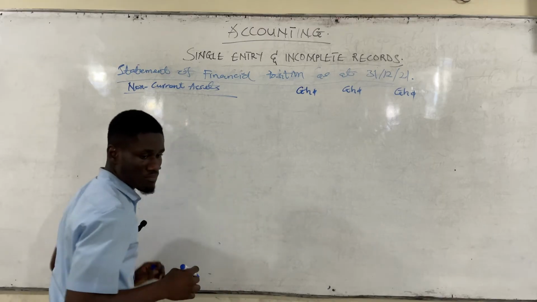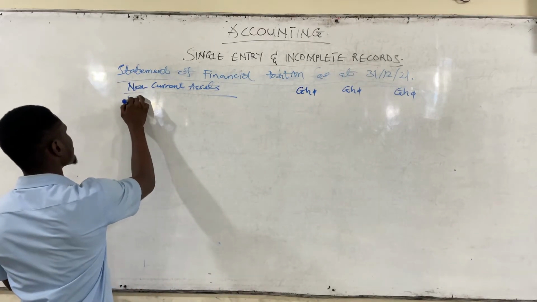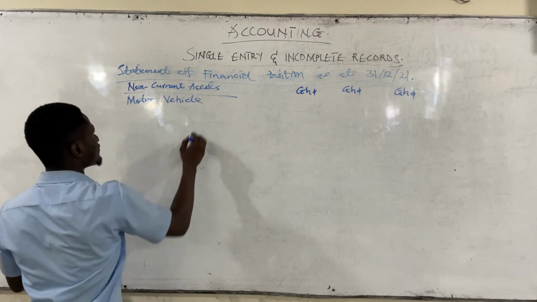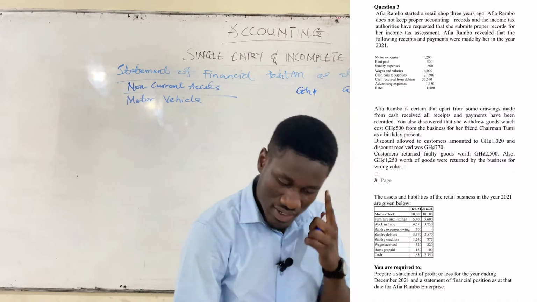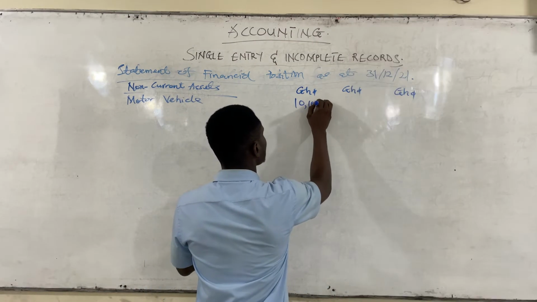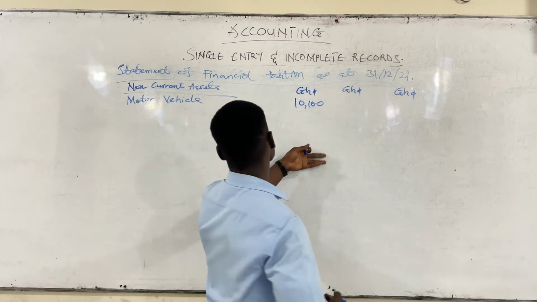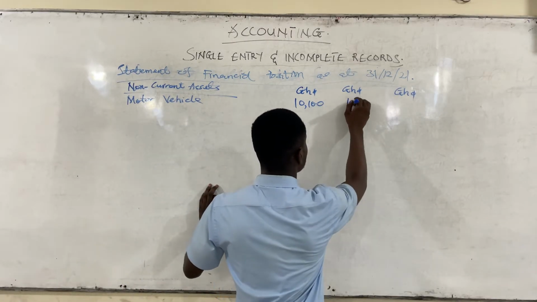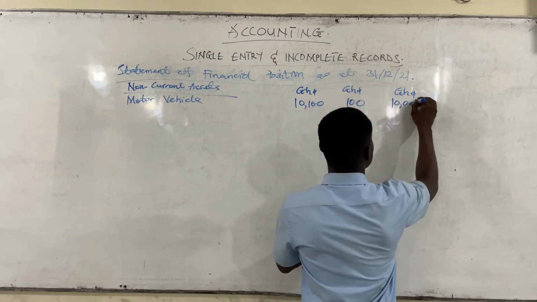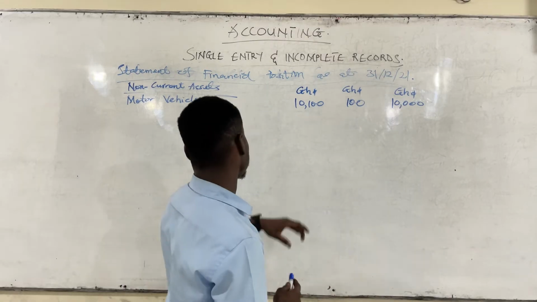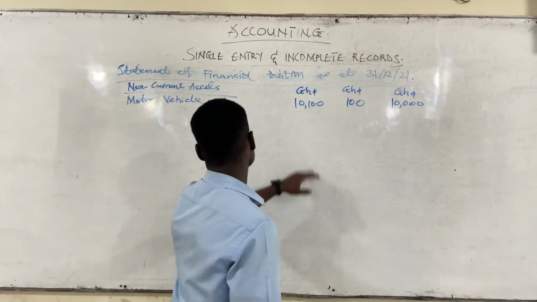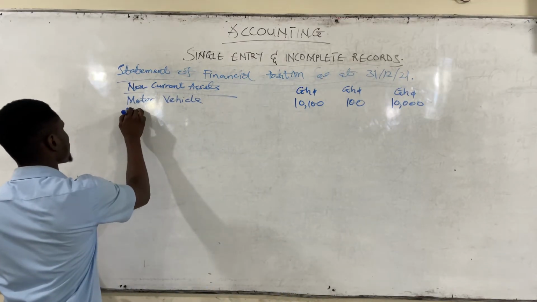So we have motor vehicle here. And the cost for motor vehicle when the year started was 10,100. Good. And the depreciation is obviously 100. And when the year ended, it was 10,000. So we're just showing the true reflection of what happened to motor vehicle. Good. So we are going to furniture and fittings.